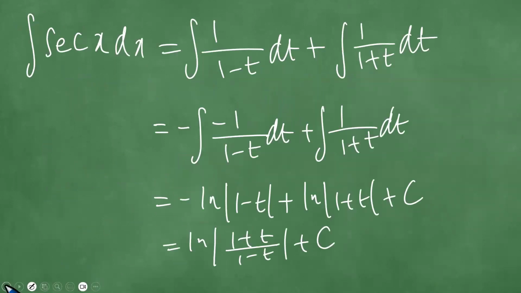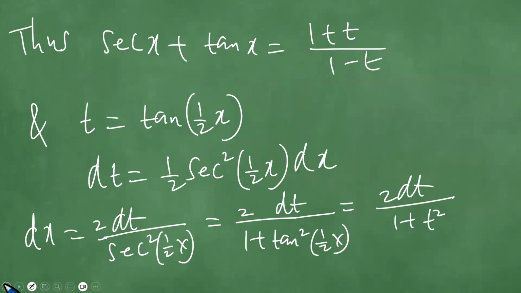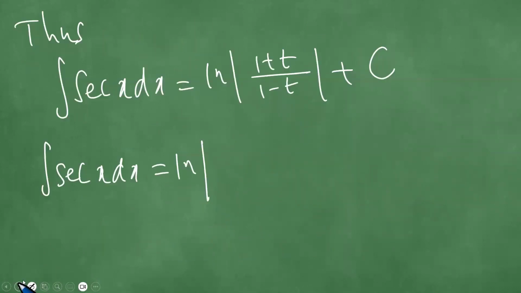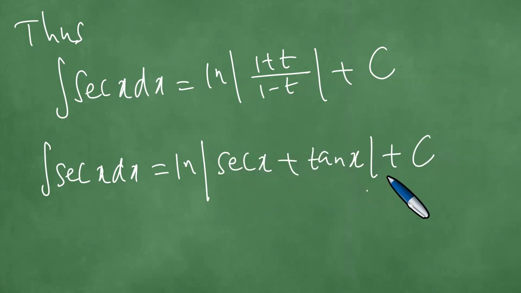But now, what is 1 plus t over 1 minus t? We remember there's something I wrote here: the secant of x plus the tangent of x is 1 plus t over 1 minus t. So let's check here. 1 plus t over 1 minus t is exactly the secant of x plus the tangent of x, plus c.